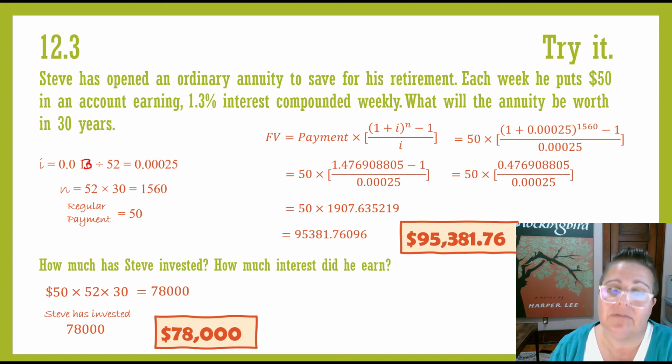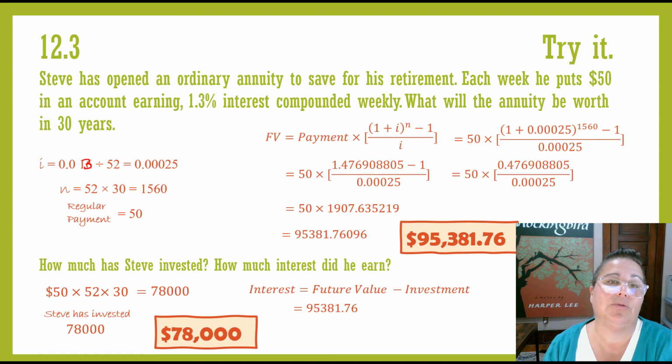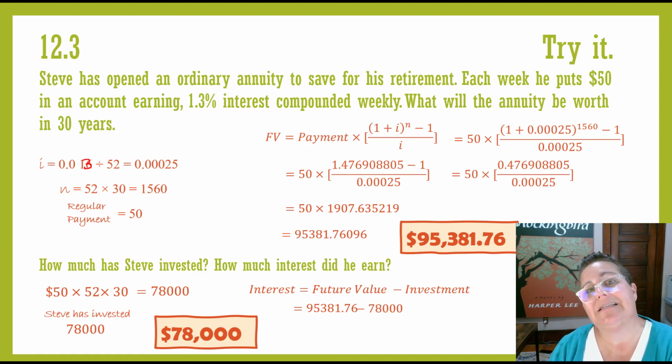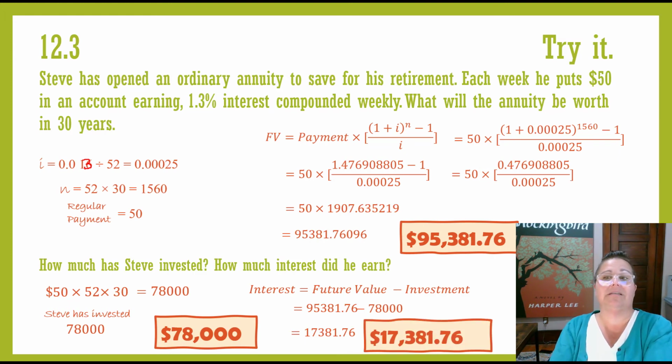So Steve made a little bit extra here. That extra is the interest. So to find the interest, we're going to take that future value of $95,381.76, and subtract the $78,000 that Steve put in with his own hard-earned money, and we get $17,381.76 in interest.